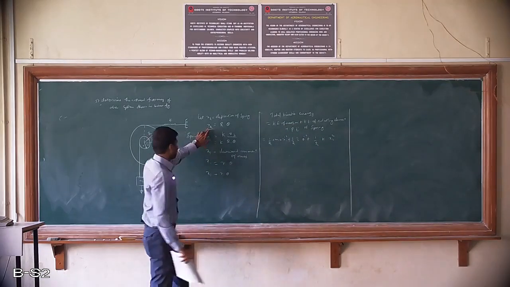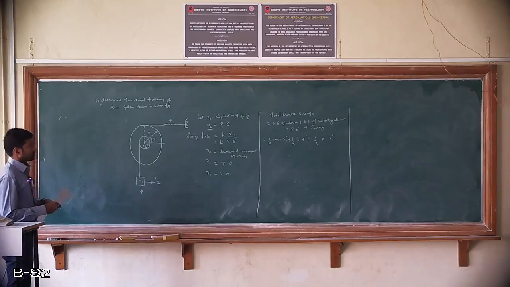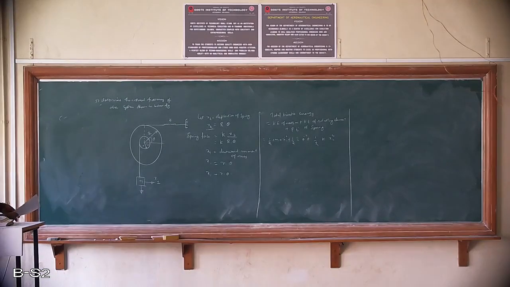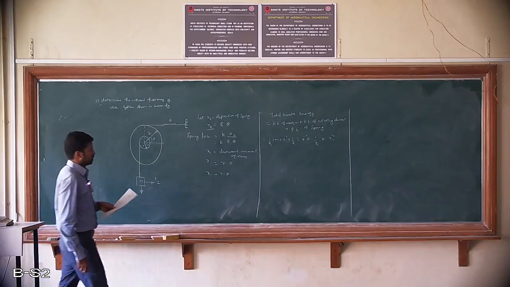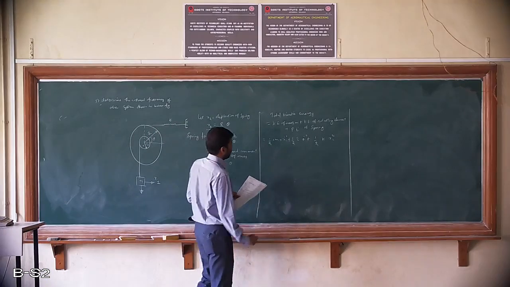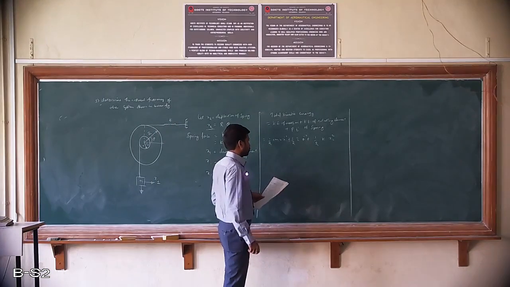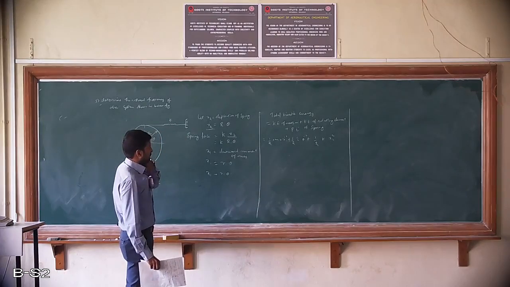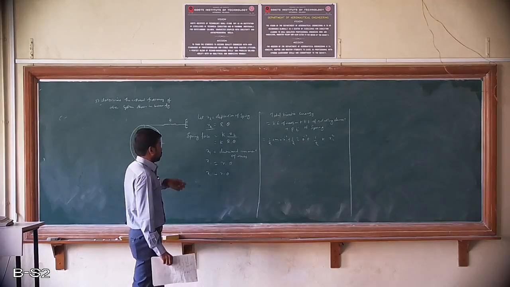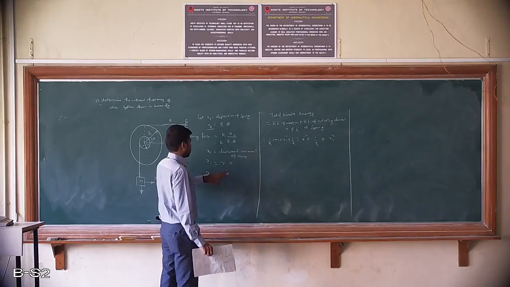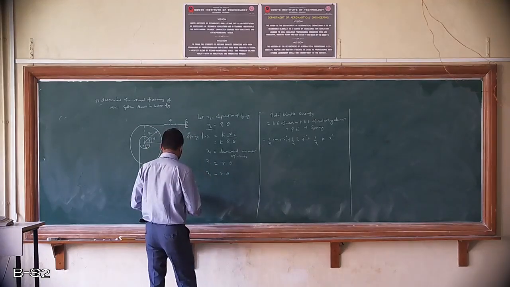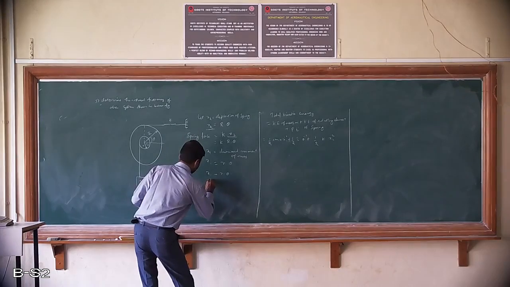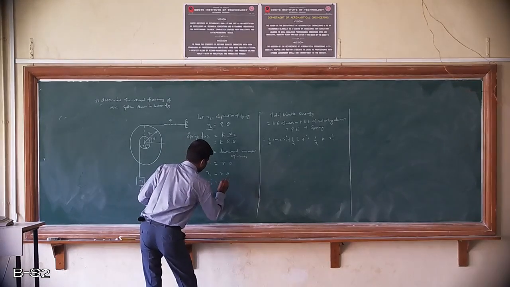We know what x1 is and what x2 is, so substitute those values wherever you have x1, x2 and x1 dot. To get x1 dot, we need x1, so we can find x1 dot, which is r into theta dot.